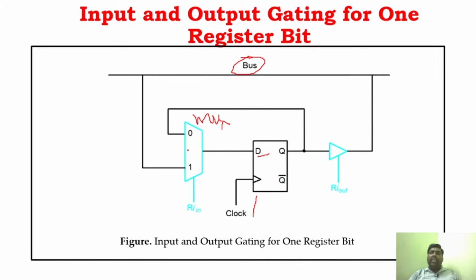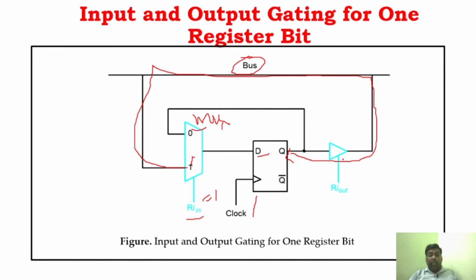You can see here the multiplexer will select either 1 or 0. If Rn in is equal to 1, it will connect the output of this bus, the bus output, to this flip-flop.